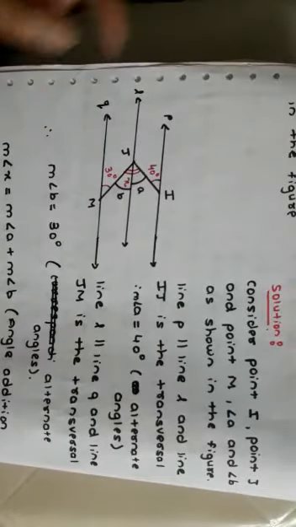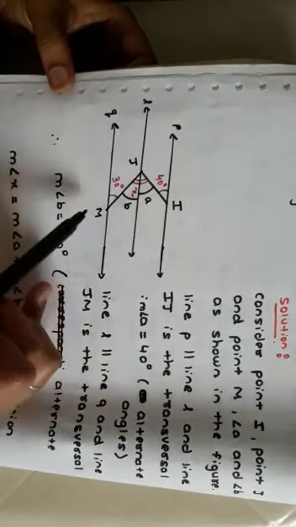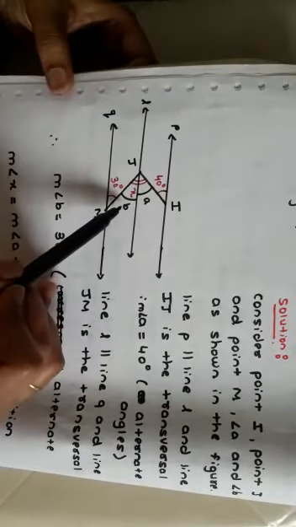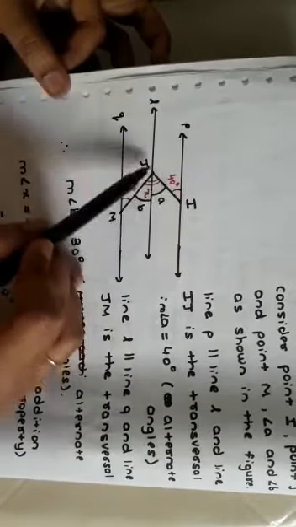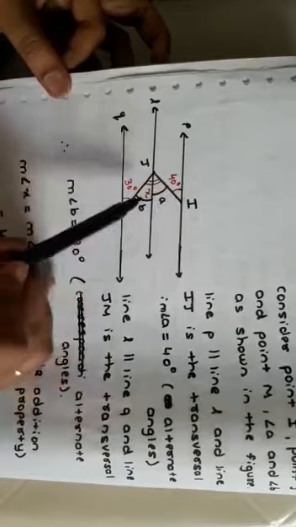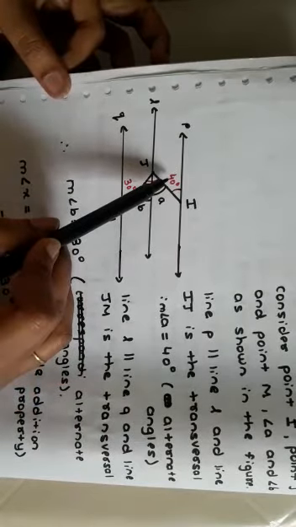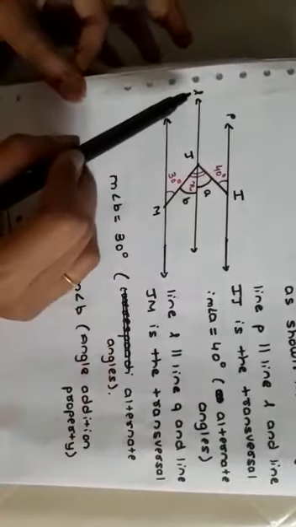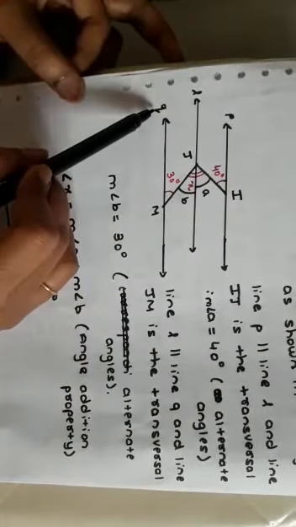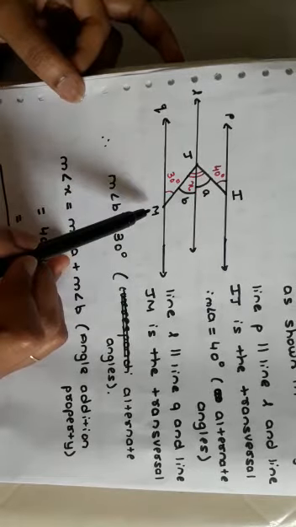So here first we consider points I, J, M and angle A and angle B as shown in the figure. Now line P is parallel to line L and line IJ is a transversal. So A is equal to 40 degree. The reason is alternate angles. In the same way, line L is parallel to line Q and line JM is a transversal.